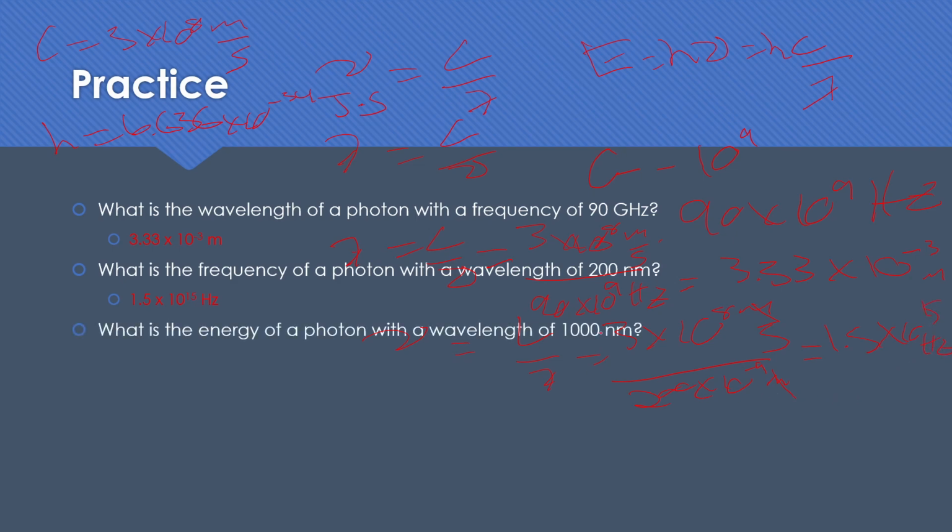What's the energy of a photon with a wavelength of 1,000 nanometers? So E equals hc over lambda.